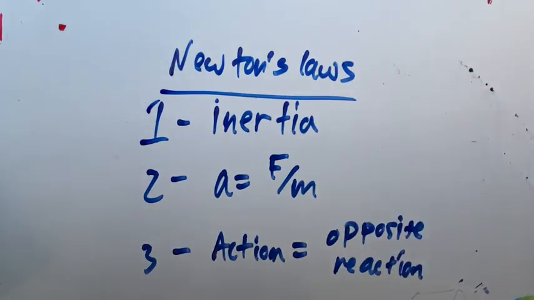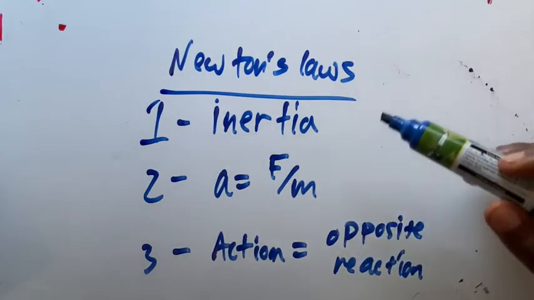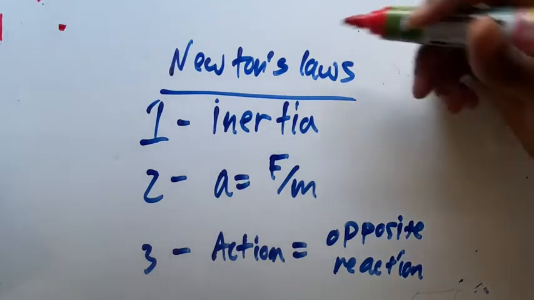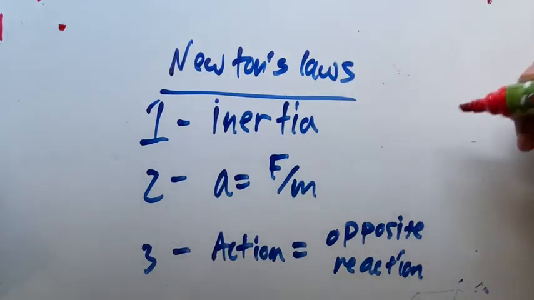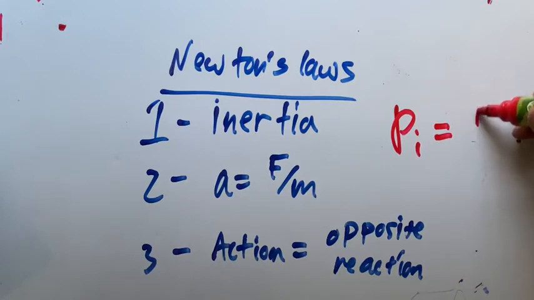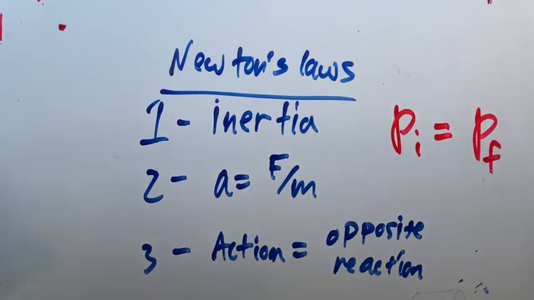So these are the 3 Newton's laws, and which one of these most closely relates to the conservation of momentum, where we know the conservation of momentum basically just means the initial momentum is equal to the final momentum?